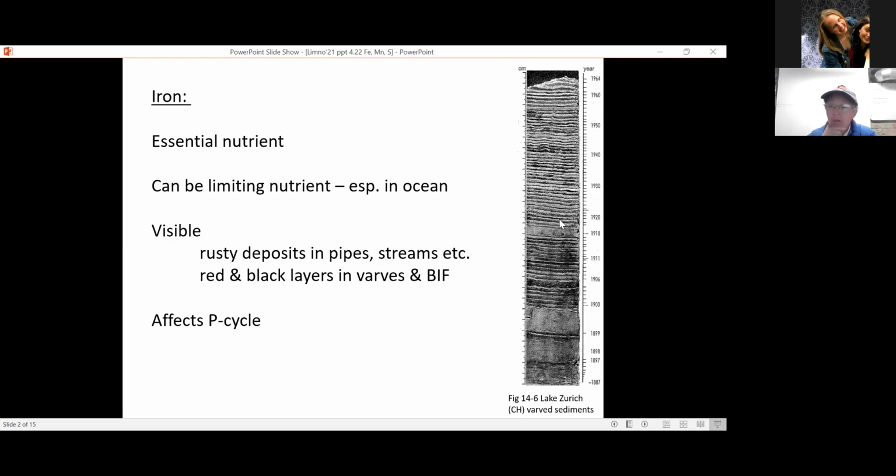So an exception to the general rule that out in the open ocean you're so far from land that iron is limiting is the South Atlantic. And that's because the deserts of northern Africa have enormous dust storms and trade winds that go, I'm not sure whether I'm mirror imaging or not here, west to east anyways, carrying dust from Africa all the way across the Atlantic Ocean to South America. And there's actually a significant amount of iron carried in that dust, significant in the sense that it fertilizes the ocean.